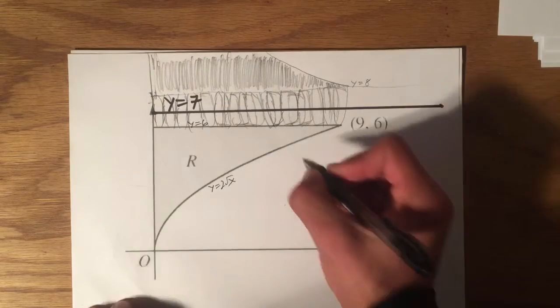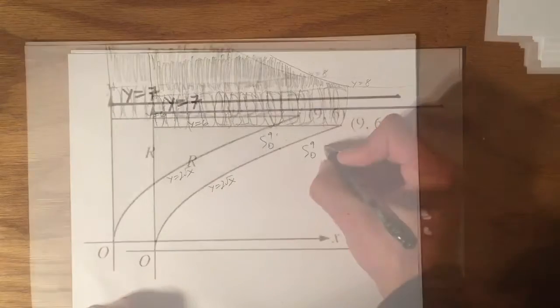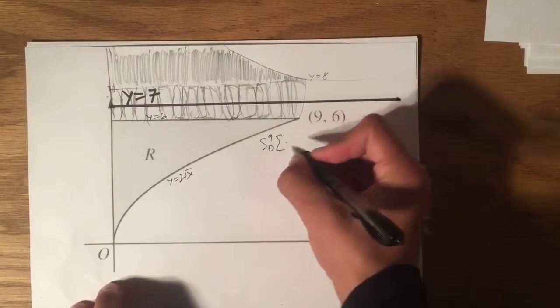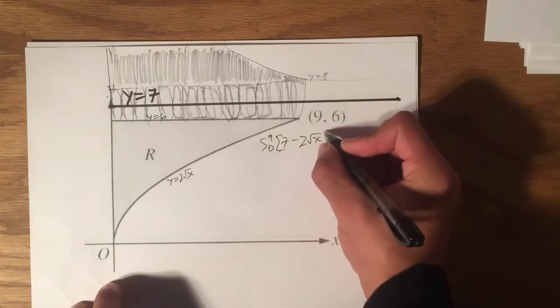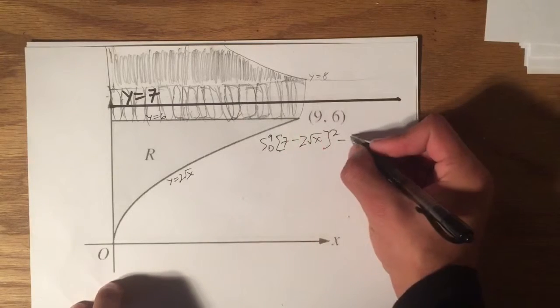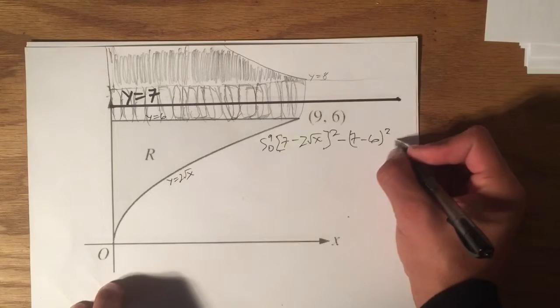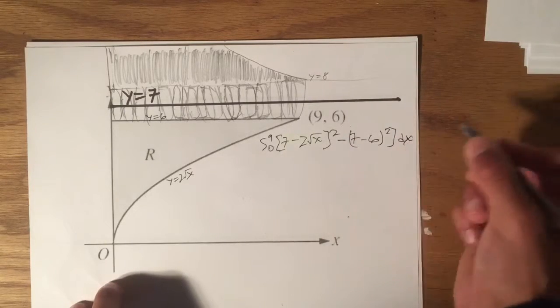So that's going to look like the integral from 0 to 9. And then we have our big radius, which is going to be 7 minus 2 rad x, squared, minus our inner radius, which would be 7 minus 6, squared, and then dx.